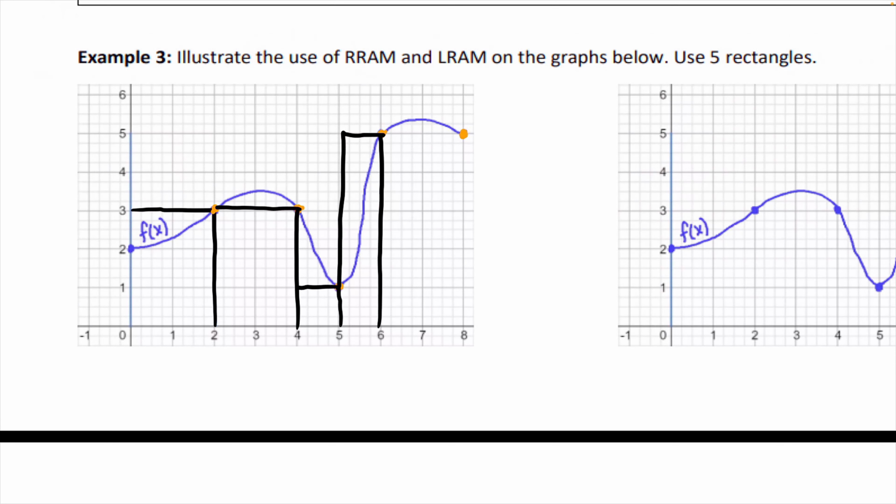And my last rectangle is going to go up to 5 as well. So all the top right corners are touching the blue. Okay. So this is RRAM, right? Yeah, RRAM.